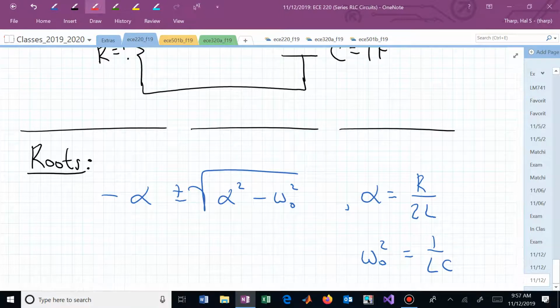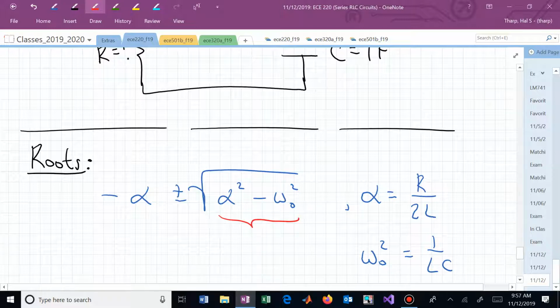What are we trying to do? We want critical damping, which means we want two real equal roots, which we're really saying we need to force the argument underneath the radical to be 0.